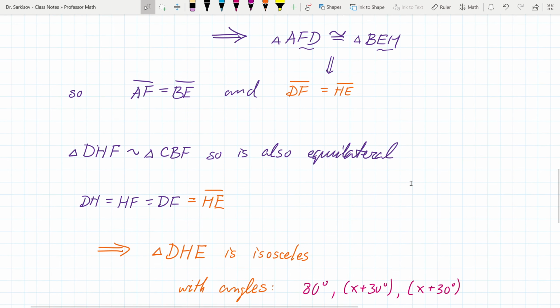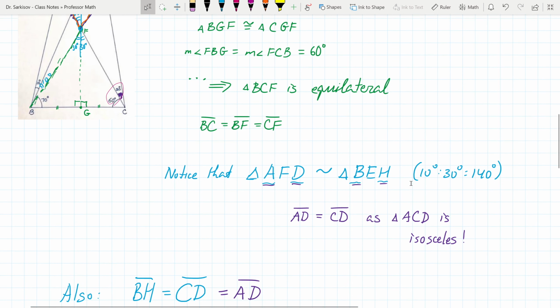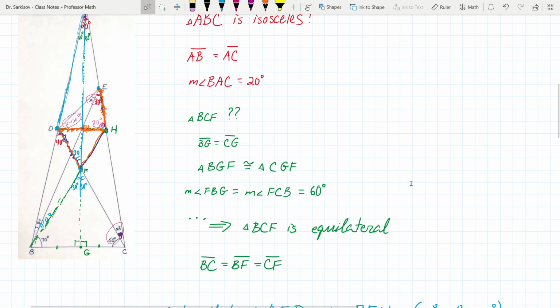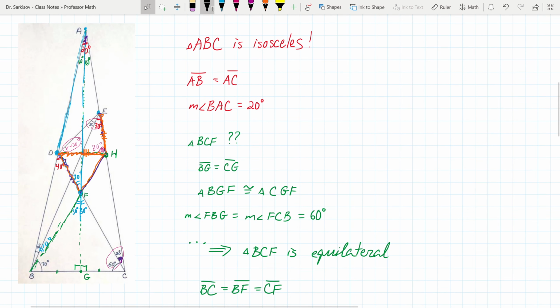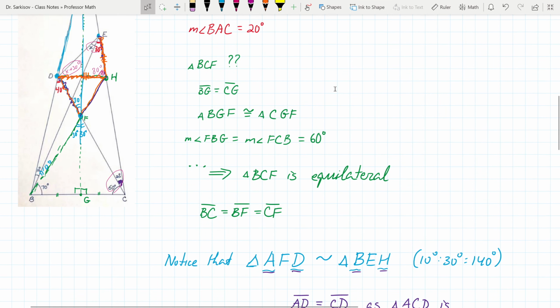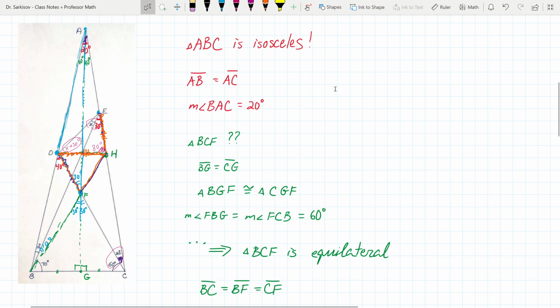We had to actually find a little bit of similarity that turned out to be congruence in those interesting triangles there. Look, triangle AFD turned out to be congruent to triangle BEH in the long run. So let me just remind us that triangle AFD and BEH were congruent. So this triangle here was congruent, interestingly, to this triangle.